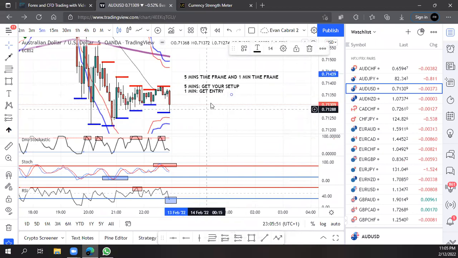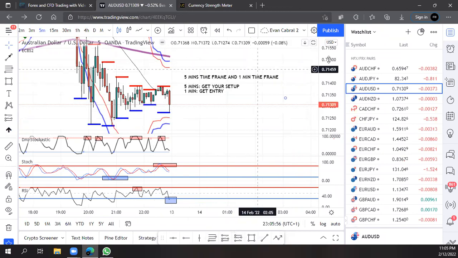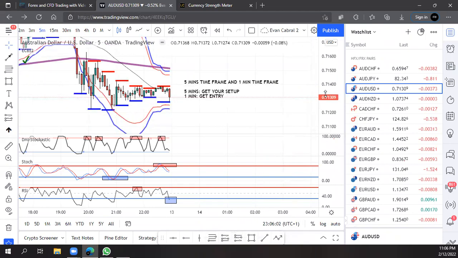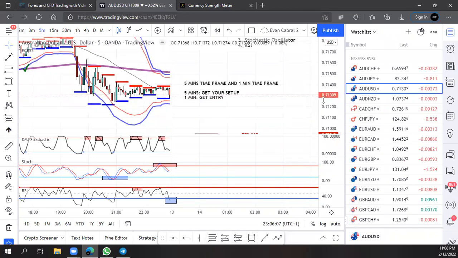So, like I said, we use the 5 minutes time frame to get our setup. The whole point system we are going through, the currency strength meter, we want to see it at resistance. We want to see your DMI, stochastic at red, RSI at red. All these things are us identifying our perfect setup.